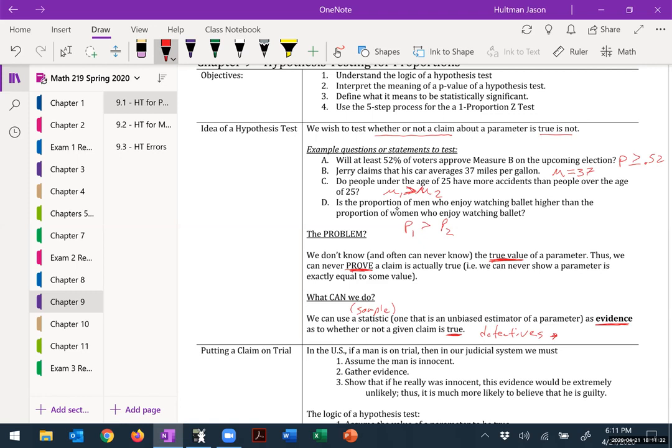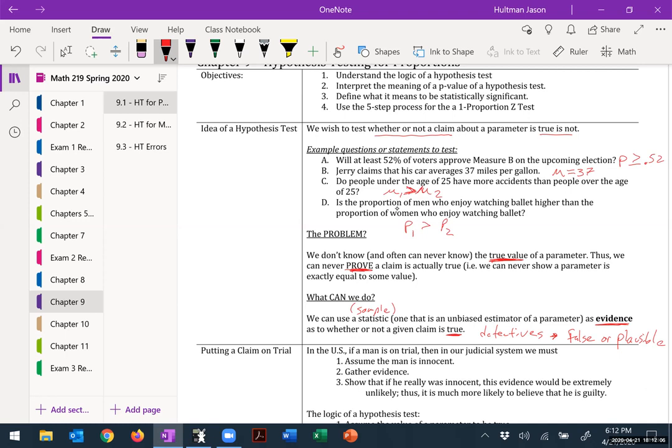We would never say that the claim is true. We would say that the claim is false or plausible. Is it false or is it plausible? That's what's meant there by true. I've got to change that word there. So we're detectives, and we're asking, is it false? Is the person guilty?